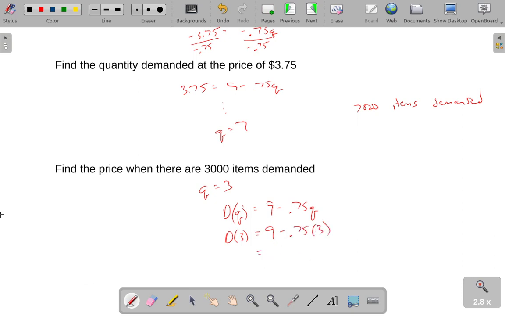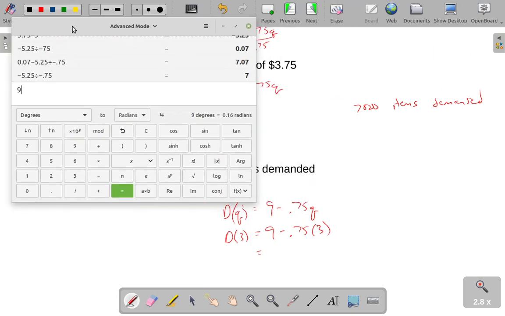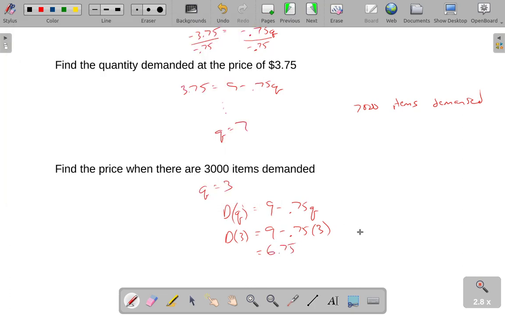You can see this one's just going to be a matter of plugging stuff into the calculator. 9 minus 0.75 times 3 gives us 6.75. And whatever the output of our demand function here, this is our value of P. So we get $6.75.